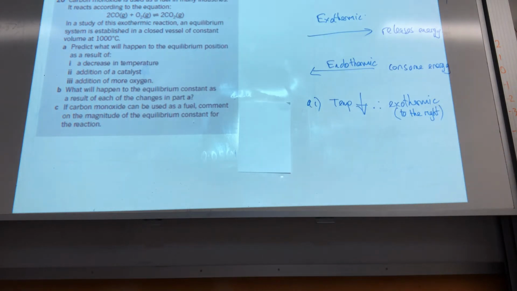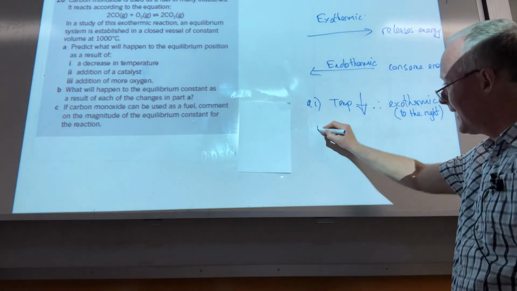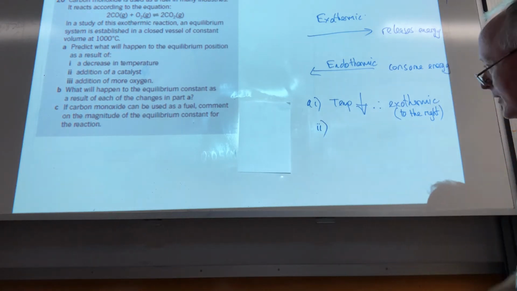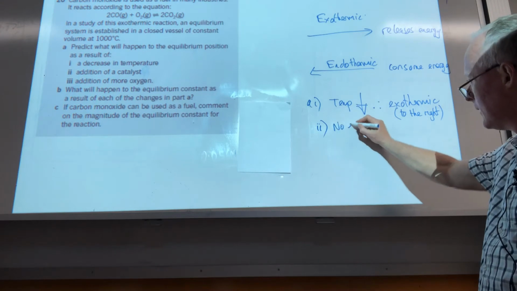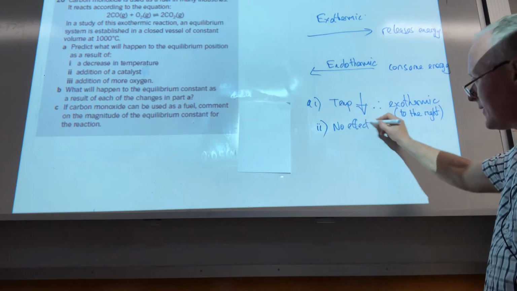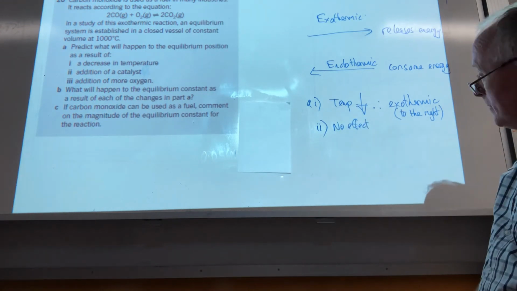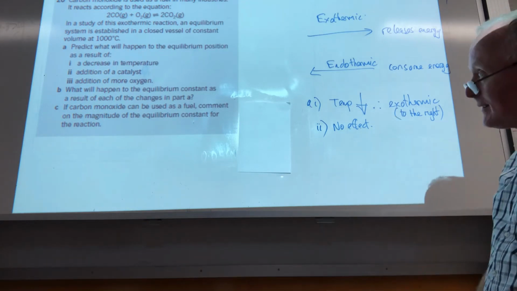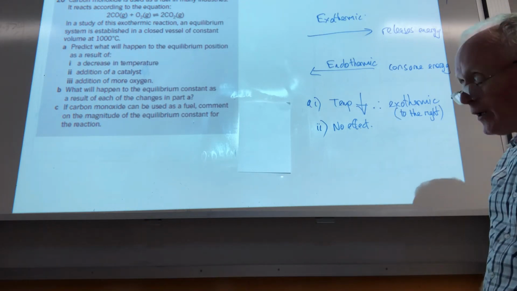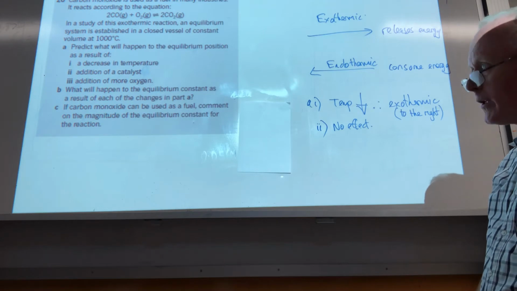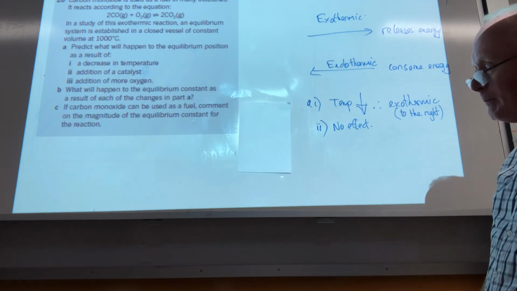Equilibrium position in terms of adding a catalyst: no effect. If the system is already at equilibrium, it'll have absolutely no effect. If the system's not at equilibrium, it will reach equilibrium more rapidly.